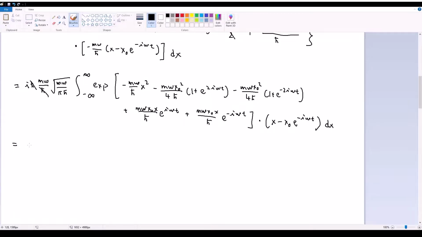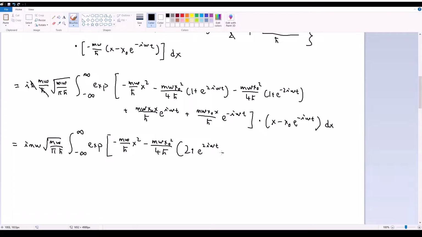The h bars cancel at the front, we get i m omega root m omega over pi h bar multiplied by the integral from negative infinity to infinity of the exponential of negative m omega over h bar x squared minus m omega x naught squared over 4 h bar times 2 plus e to the 2i omega t plus e to the negative 2i omega t, and then added with m omega x naught x over h bar times e to the i omega t plus e to the negative i omega t.